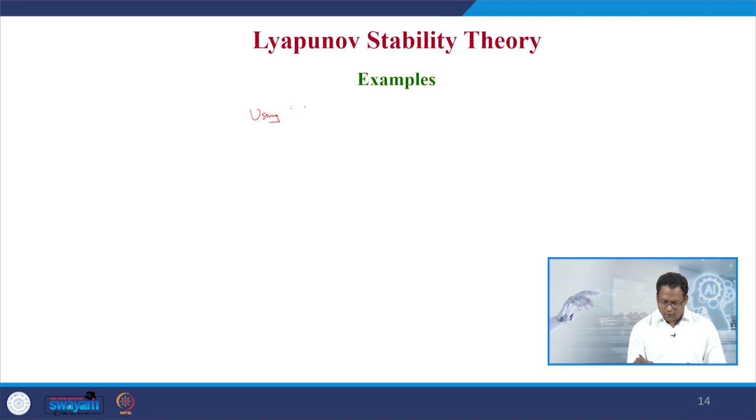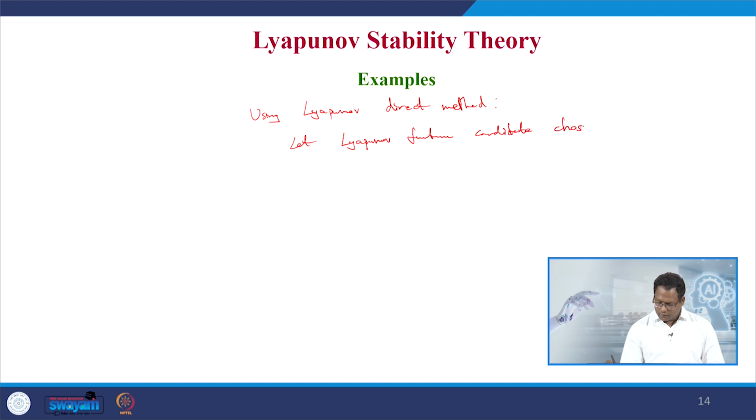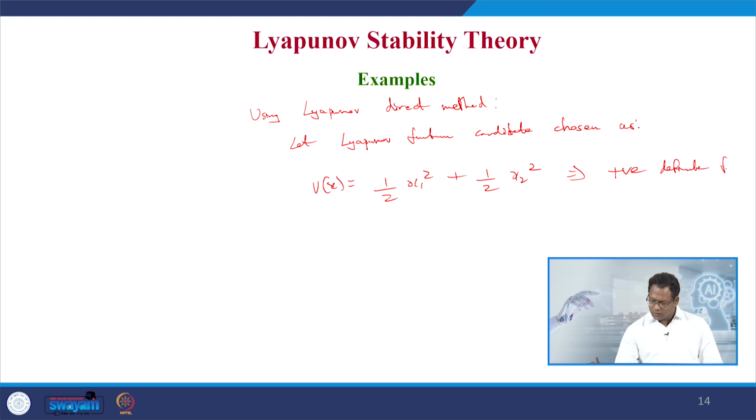So, using Lyapunov direct method, let the Lyapunov function candidate be chosen as v of x equal to 1 by 2 x1 square plus 1 by 2 x2 square, which is a positive definite function and v of 0 equal to 0.